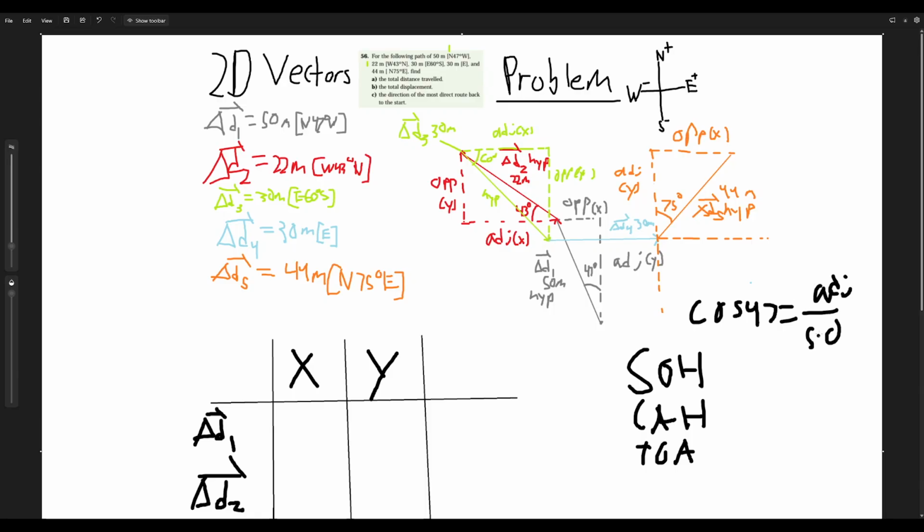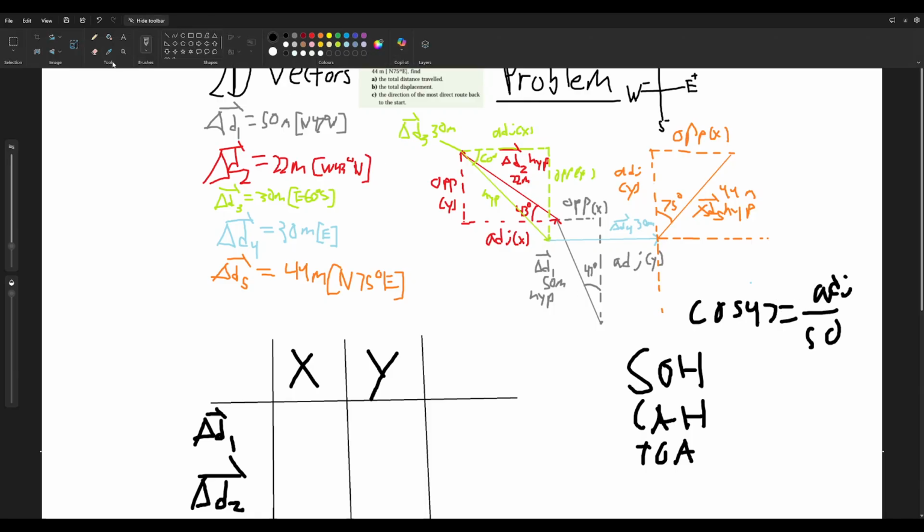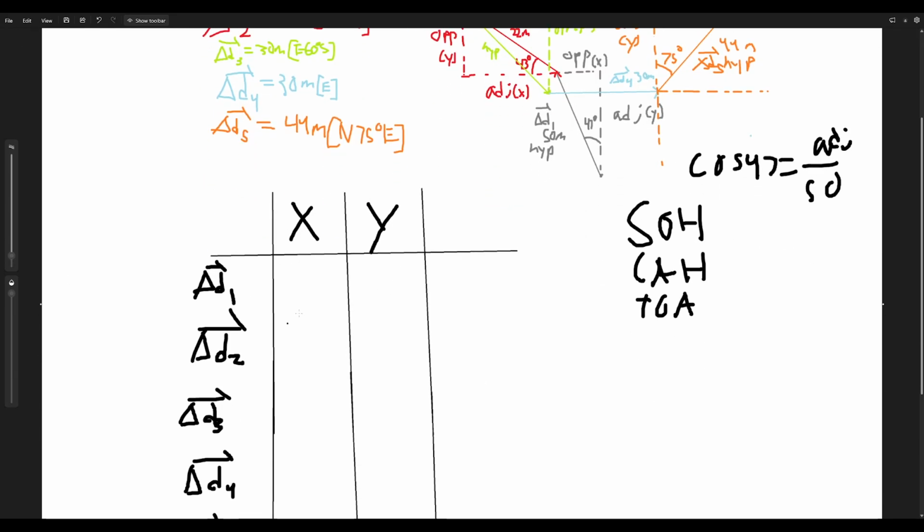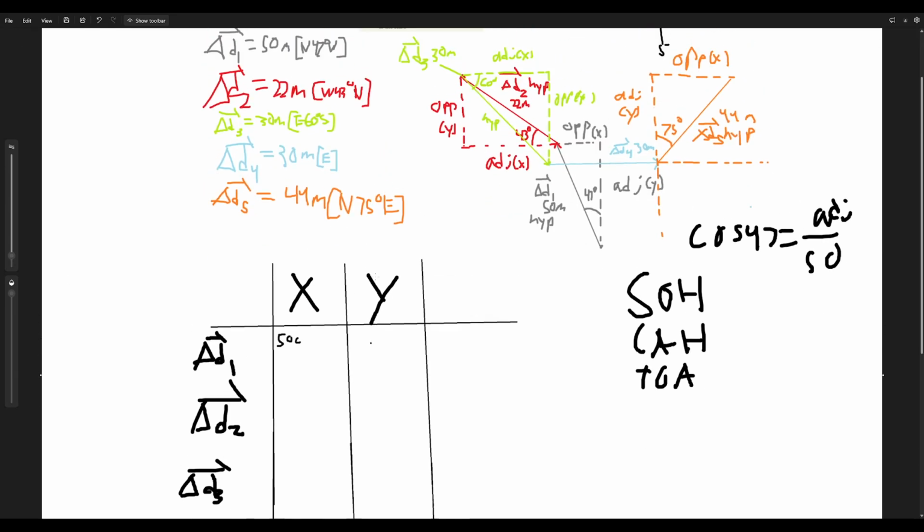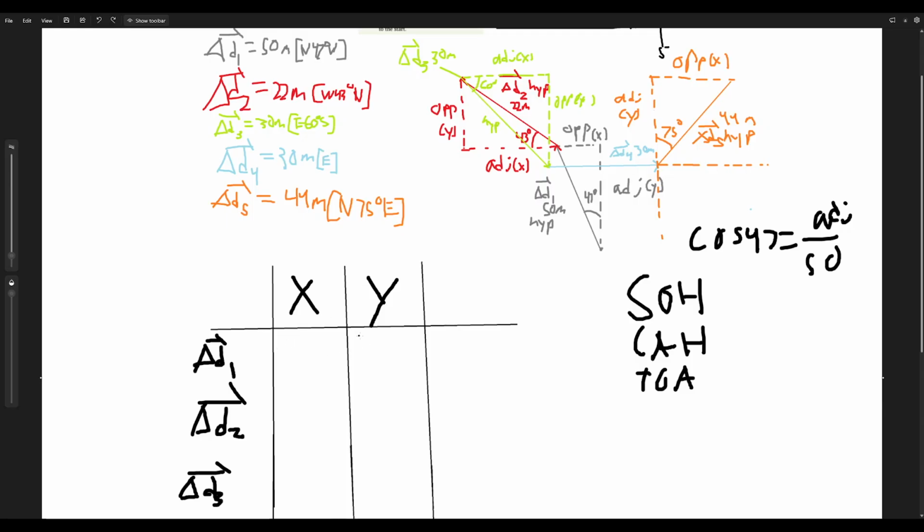Rearrange to find adjacent, you get 50 cos 47. This is for our y. It's going to be plus whatever value we get because it's moving north. So 50 cos 47 gives me about plus 34.09.